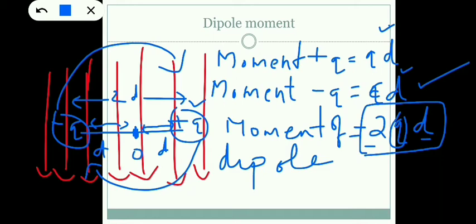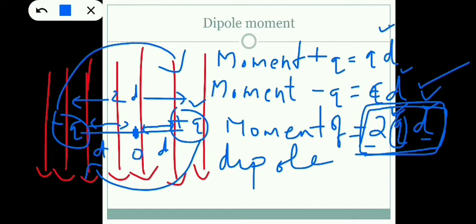You might have understood why: charge and distance are the two important factors on which the effectiveness of the torque depends. So the strength of the dipole, or the moment created by the dipole, also depends upon these two factors, that means charge and distance. So this is the expression to find out dipole moment, 2qd.